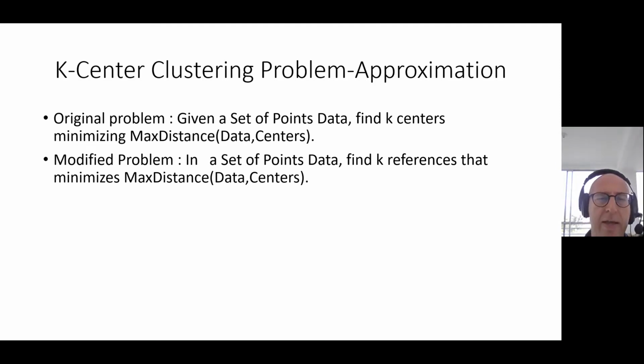So given a set of points data, find K of this set that minimizes the max distance between data and centers. I reduce the computational complexity of the problem in a huge way from power n, given n the dimensionality of the space, to the number of points in the dataset.